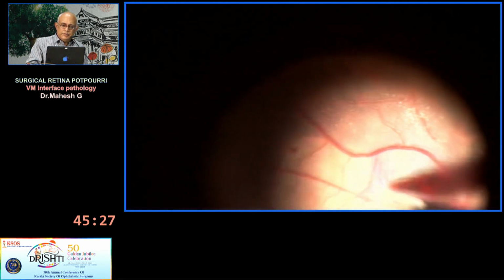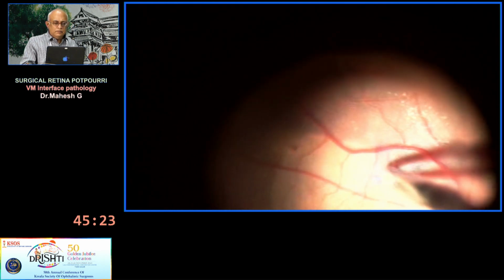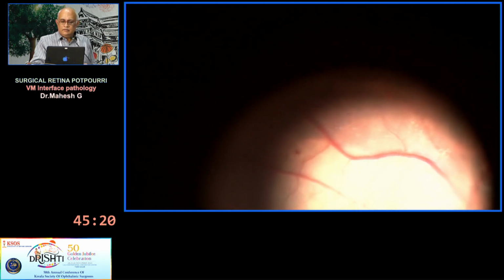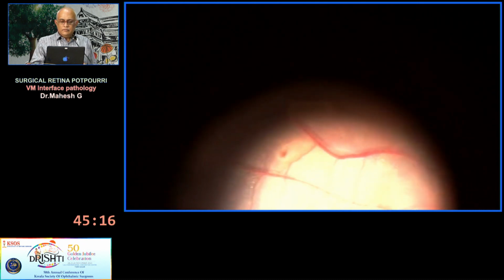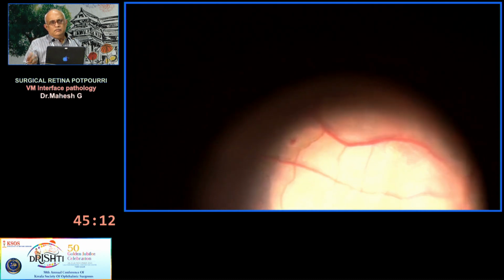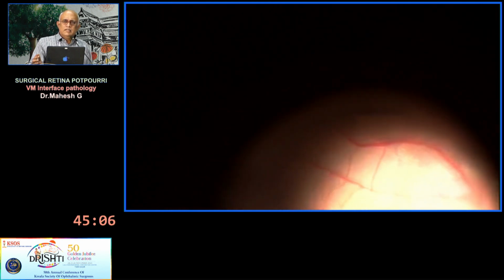So this is a pinch and peel. Okay, so once it is over, you can do a fluid air exchange, and usually we put a small SF6 or some gas like that. Usually I give SF6. So this is a standard. I am not showing the controversial other things, just a standard macular hole surgery.